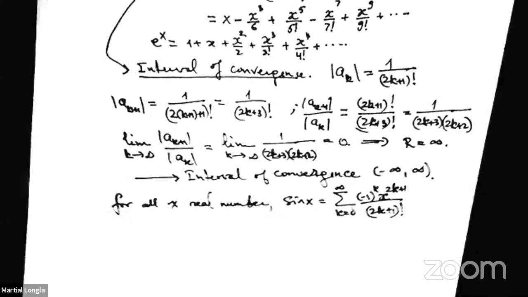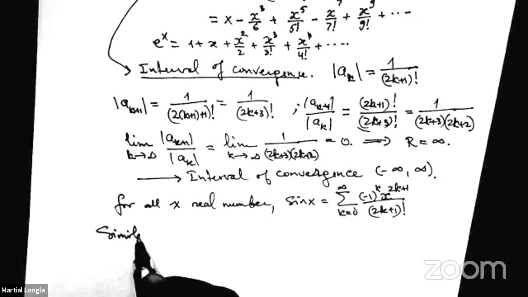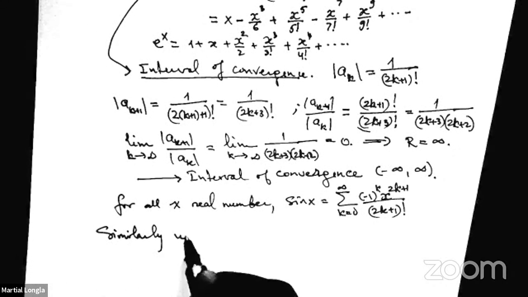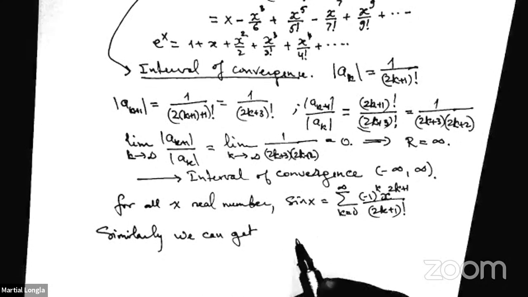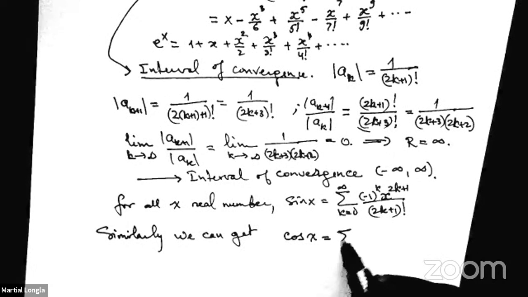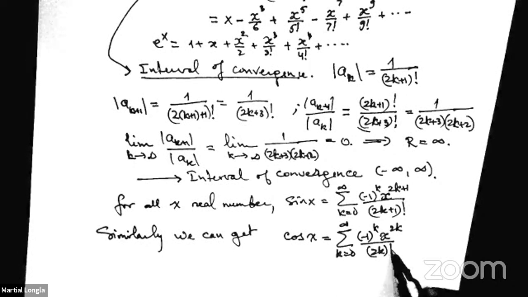And similarly, we can get cosine of x equals the sum k from 0 to infinity of negative 1 to the k, x to the 2k over (2k) factorial, for all x.